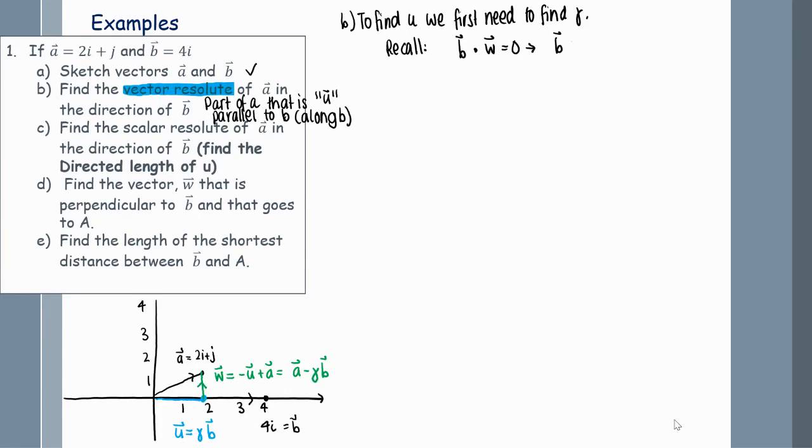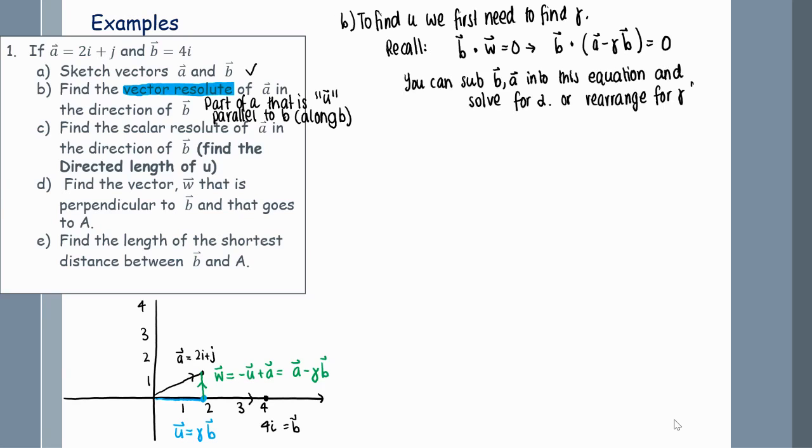If you substitute that W equals A minus gamma B, this is what you get. Now you can feel free to substitute A and B into this equation as it is to get gamma. But a lot of people like rearranging this equation for gamma first. We're going to rearrange for gamma first.